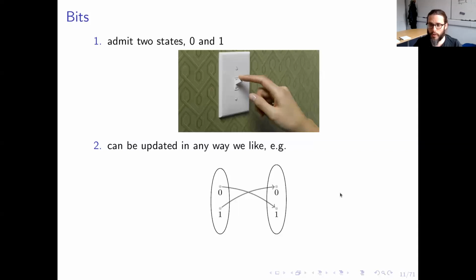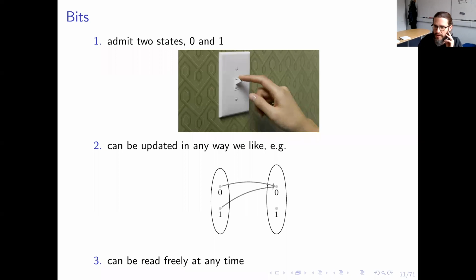Another more mathematical way of saying this is I could apply any function I like to my bit to get a new bit. This one flips a bit, but this is something that's also perfectly allowed for bits: I can send my bit 0 to 0, and I can send my bit 1 also to 0. So this is like I can just delete my bit and set it to 0.